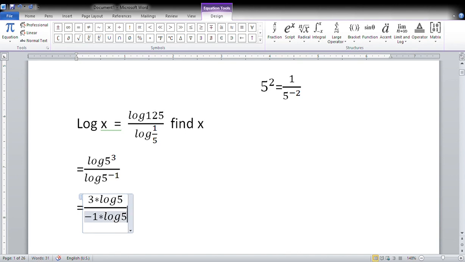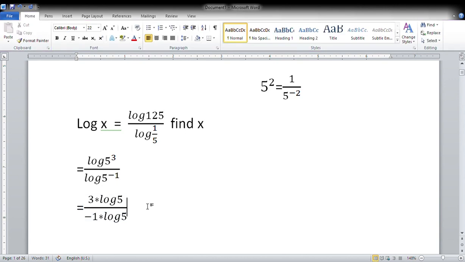Both numerator and denominator have log 5, so it will cancel. What is left is 3 divided by minus 1, that means minus 3. So log x is equal to minus 3, right?